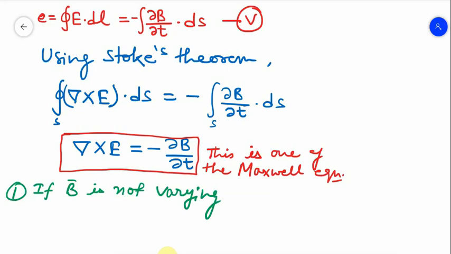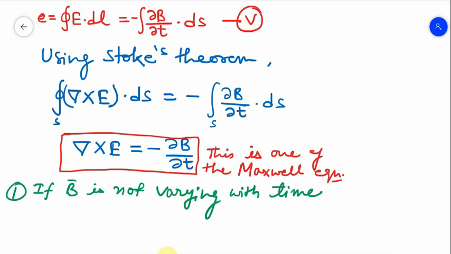This field is varying with time. Del B upon del t means what? टाइम के हिसाब से B का variation हो रहा है, change हो रहा है. But अगर ऐसा हो कि B vary नहीं कर रहा है time के साथ, then what will happen?